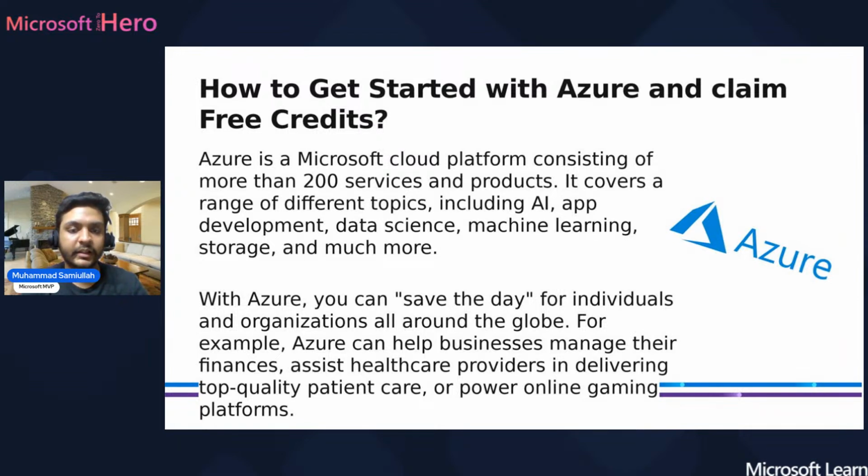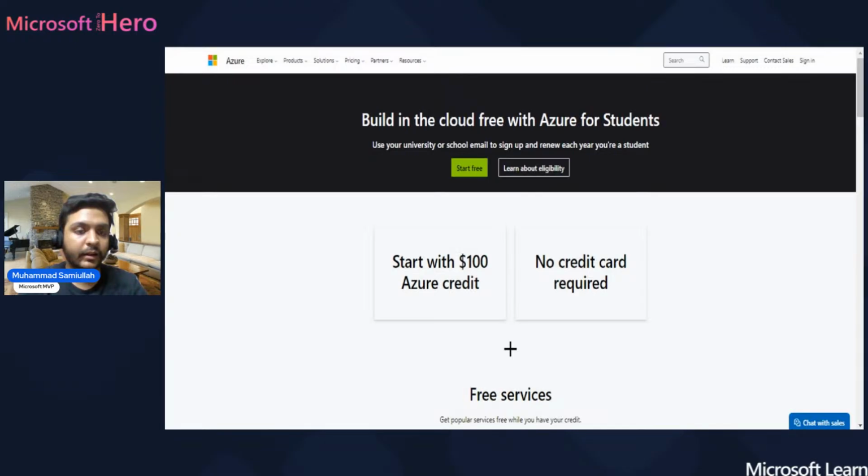So initially, if you are a student, you get free credits from Azure just by verifying your university email. Here you can see, if you search for Azure for students, you will get the free credits just by verifying your email. You don't need any credit card details. And if you are a professional and just want to explore or experiment with Azure, you can also get a free tier, but you need to add the credit card details.